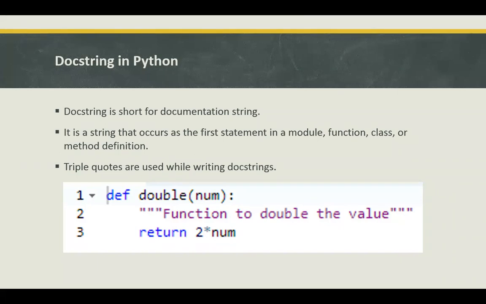Suppose this is a function that started here and this is the first statement. You can say it is like a comment line, but actually this is the first statement. That time we call it a docstring. We use triple quotes while writing it. Whenever you find the first statement in a module, function, or class, you call this line a docstring.